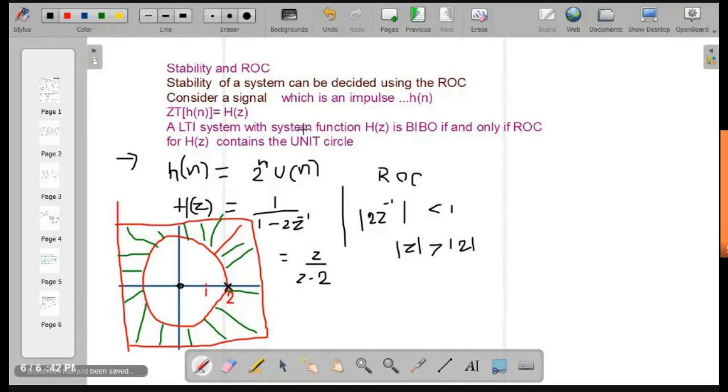Now, in the Z plane there is a very important thing. There is a unit circle, whose R value is 1.